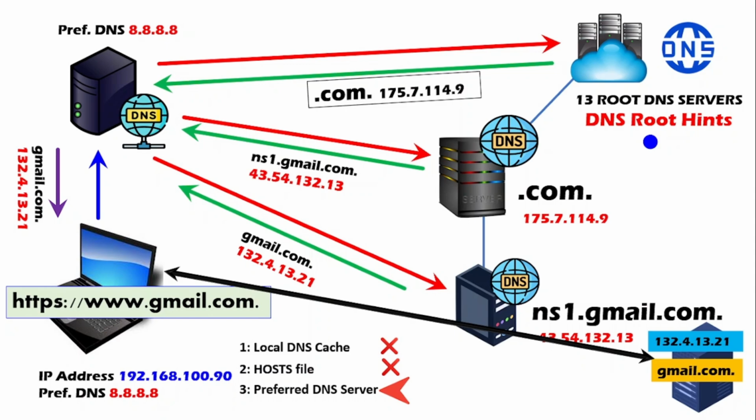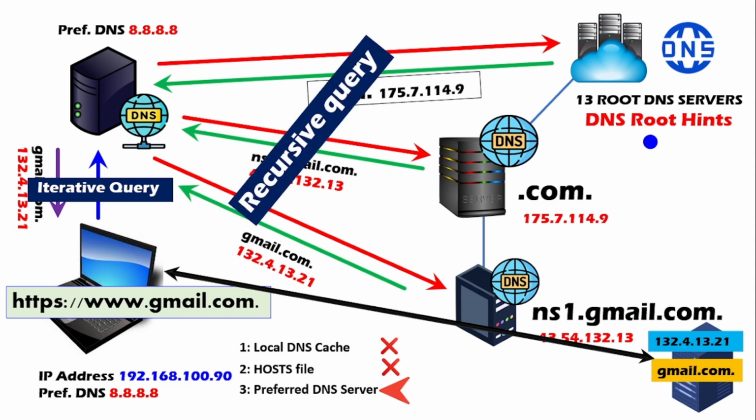Now let us understand the DNS queries in this entire transaction. There are two queries over here. The first one is in the blue color, that is the iterative query. The first query, which is done by the DNS client to the DNS server, is the iterative query. And then we have many recursive queries as well.